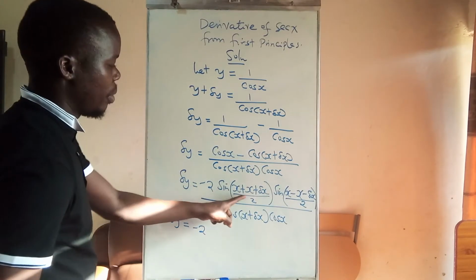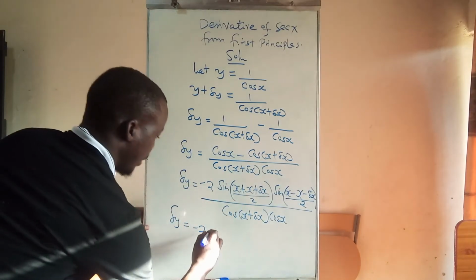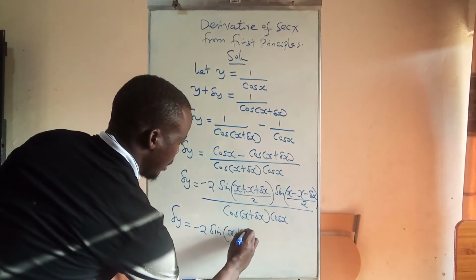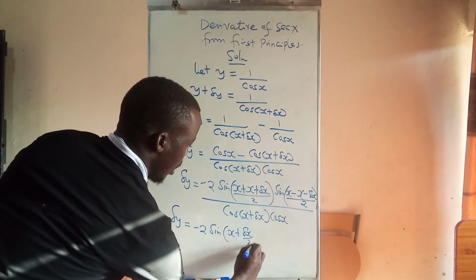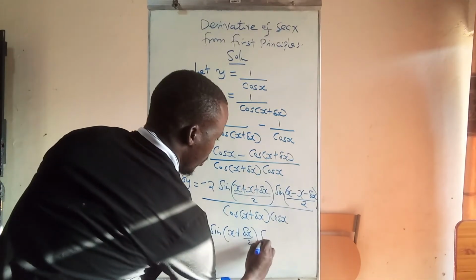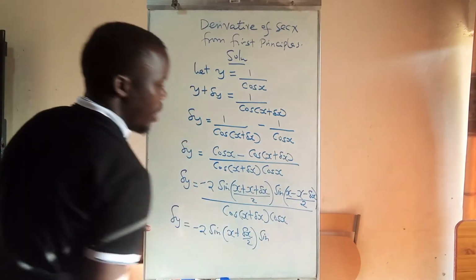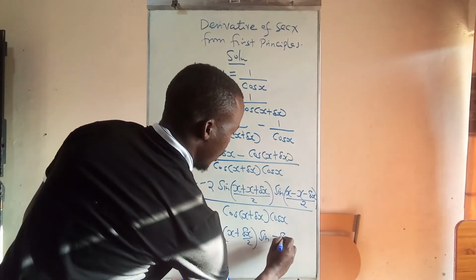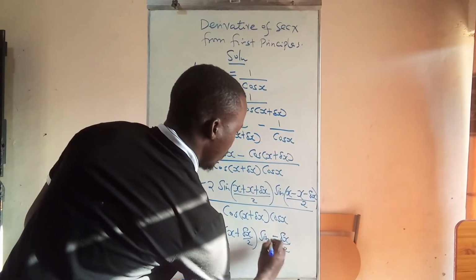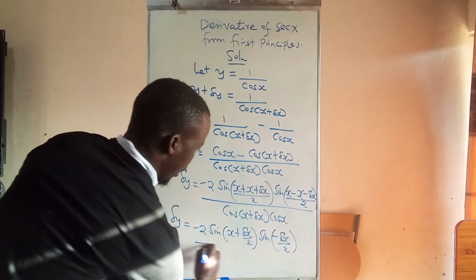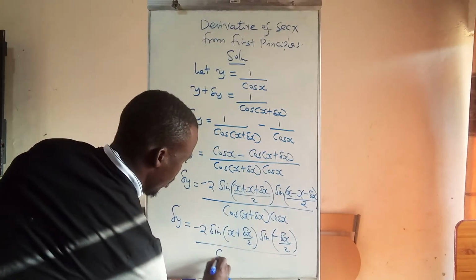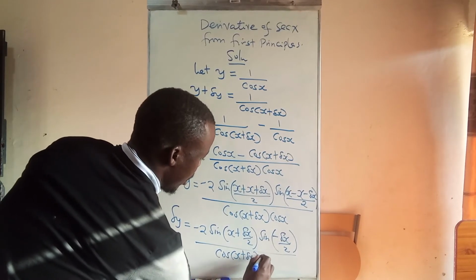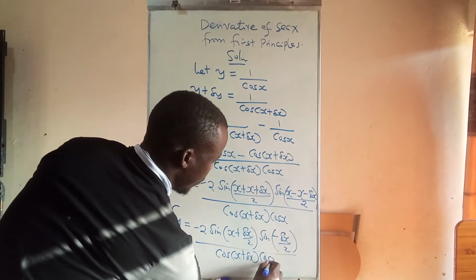That will be x plus x plus delta x is 2x plus delta x, divided by 2, so I will have sine of (x plus delta x out of 2). Then this will be sine, x cancelling with x, so I remain with negative delta x, but divided by 2. All this again divided by cos of x plus delta x multiplied by cos of x.